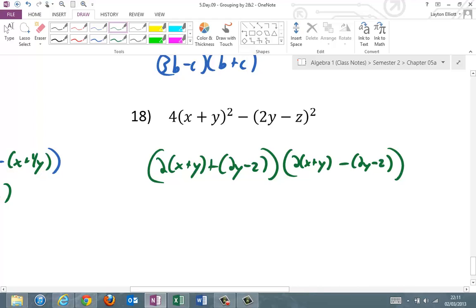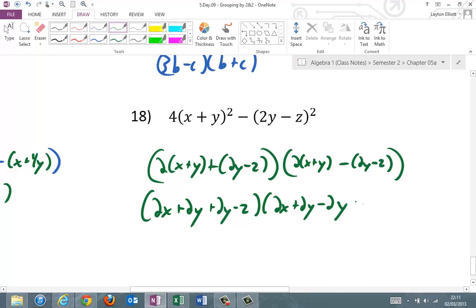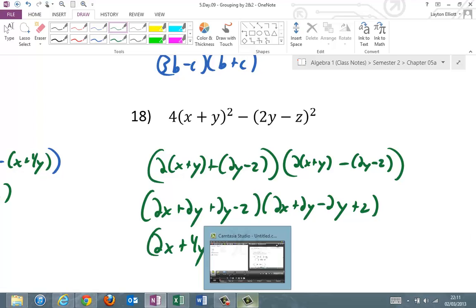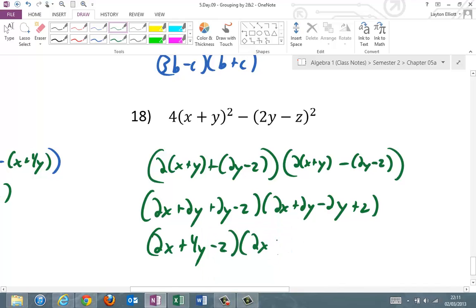Now we're going to simplify inside the parentheses, so this is going to be 2x plus 2y plus 2y minus z, and this is 2x plus 2y minus 2y plus z. Add your like terms. We have 2x plus 4y minus z, and 2x, the two y's drop out, and so that's 2x plus z.